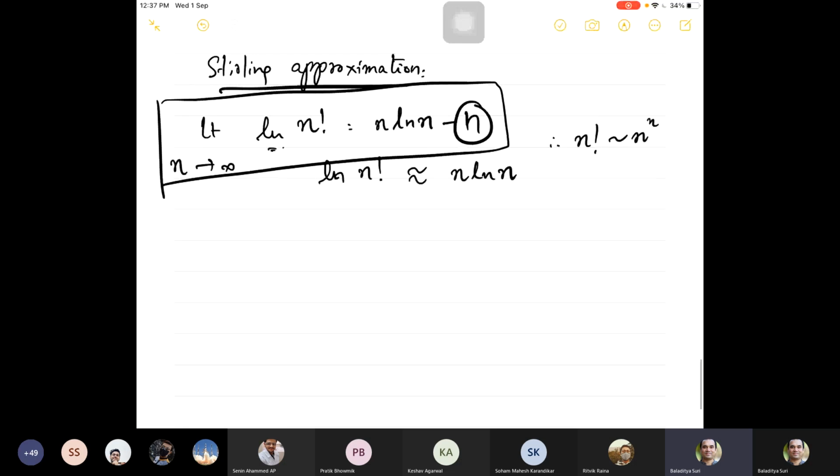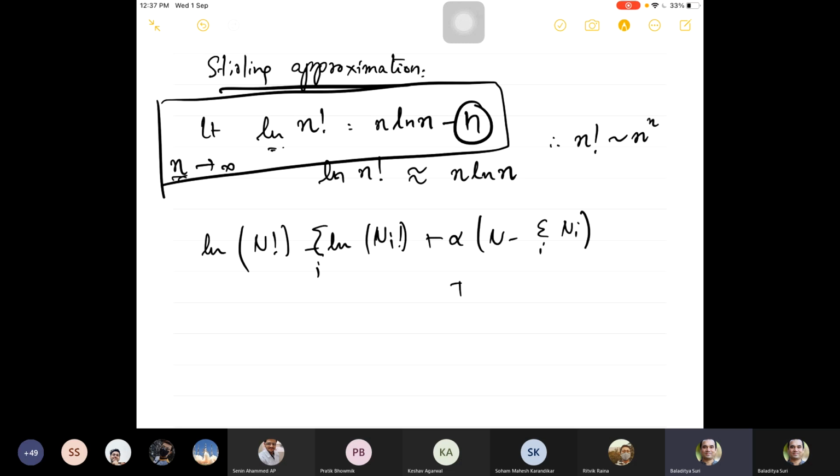Now the assumption is that N goes to infinity. So we write ln of N factorial minus summation over i of ln of ni factorial. This is what the first term is, subject to plus alpha times N minus summation over i of ni, plus beta times E minus summation over i of ei ni.